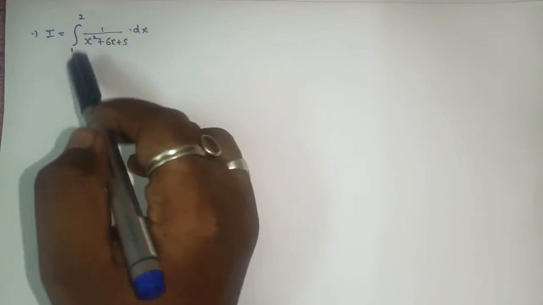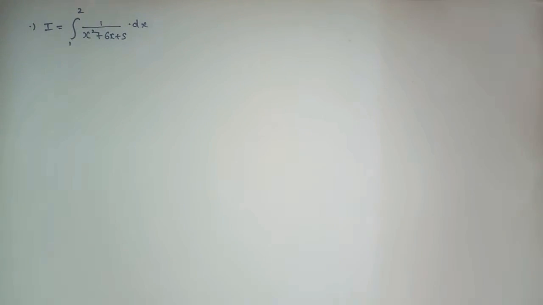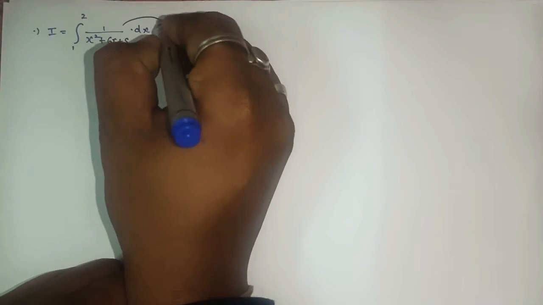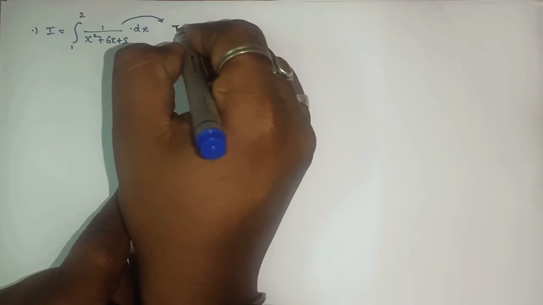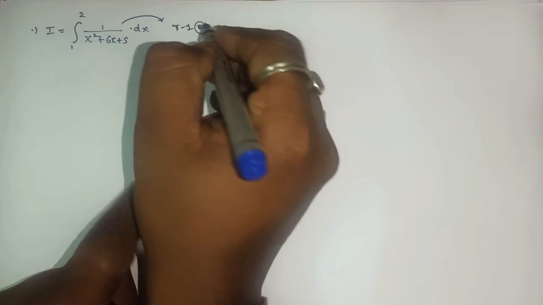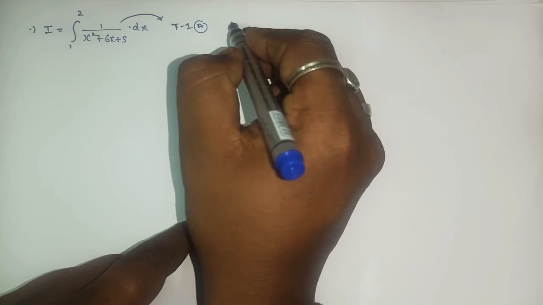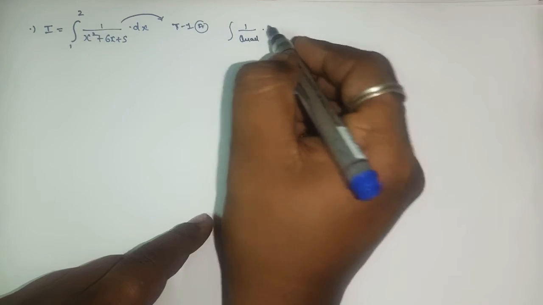First guess the type, that is very important. Can I say this function looks like type number 1a formula, yes or no? 1 upon quadratic, it is in the form of integral 1 upon quadratic, yes or no.